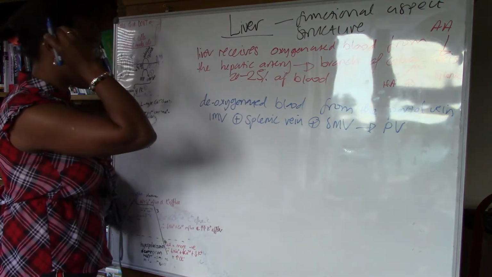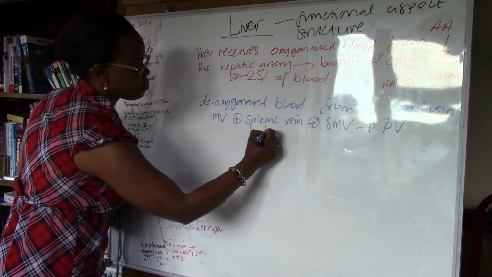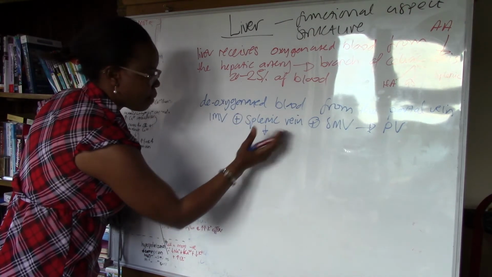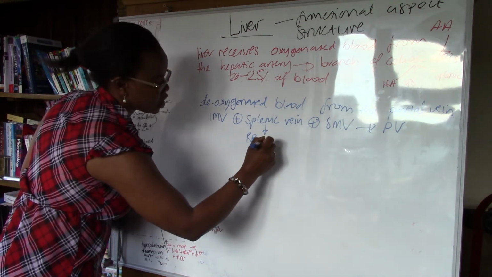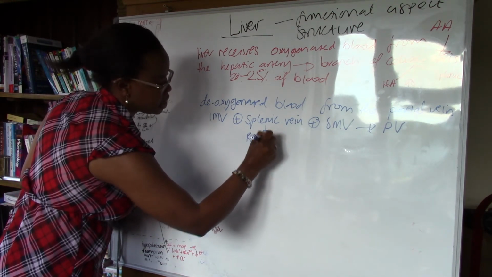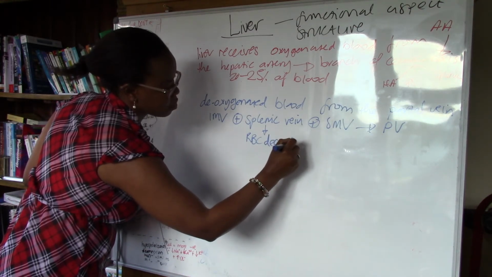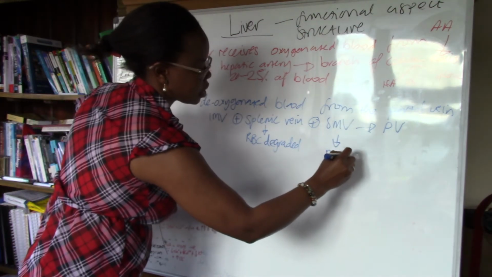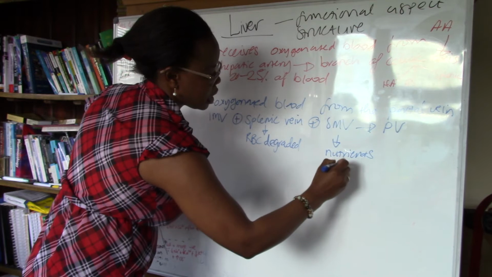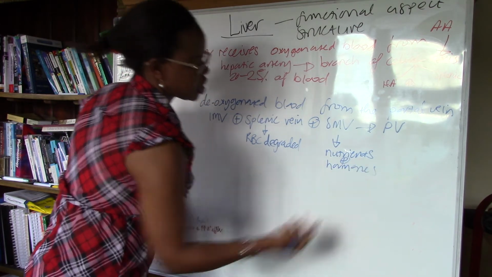Therefore, we can tell that although it's deoxygenated, it is bringing in red blood cells that have been degraded by the spleen, and it's also bringing in nutrients and hormones such as insulin.